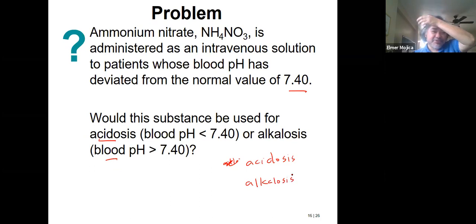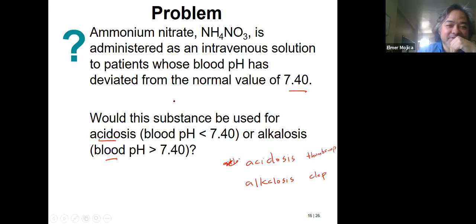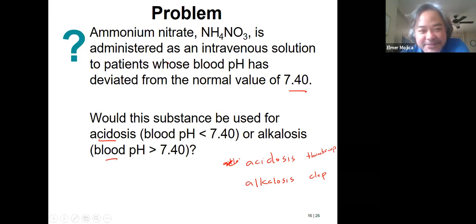So I want you to use the reaction button that we have. So what do we have for acidosis? The thumbs up. And then the other one is for the clap. So where do you think you're going to use your ammonium nitrate? Is it for acidosis or alkalosis?